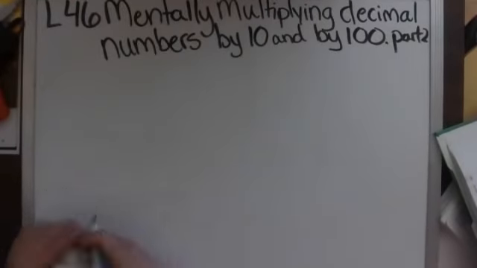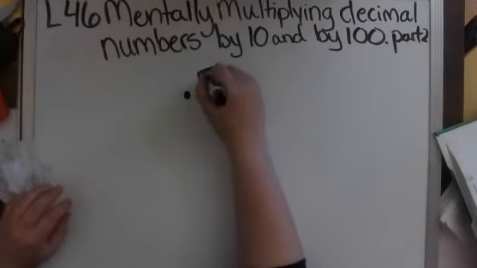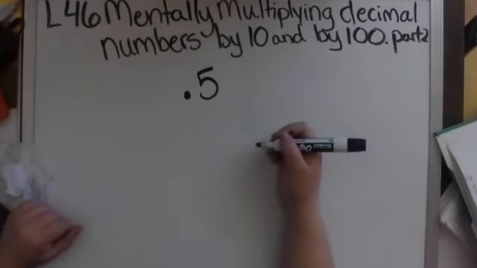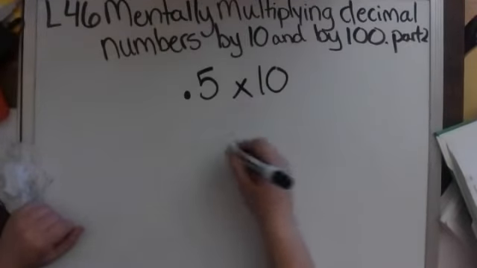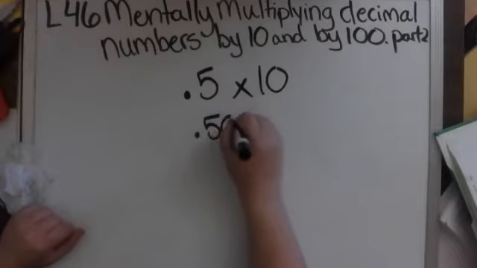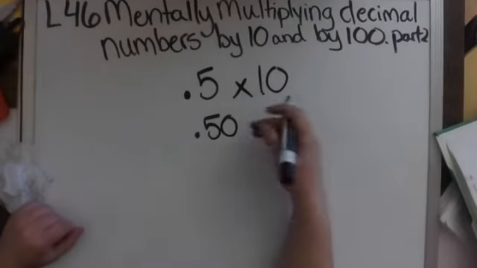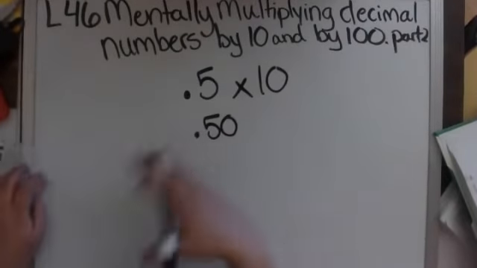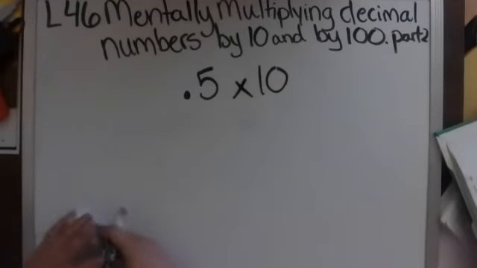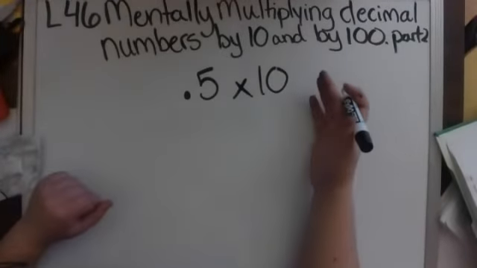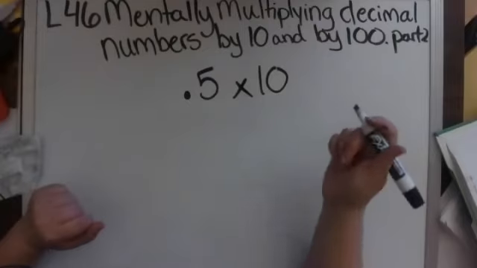So if you have a decimal number, let's say you have 5/10, and you are timesing 5/10 by 10. Well, it does not become 50 hundredths. That's making it smaller. We are going to make it bigger because we're timesing by 10. This is where the moving of the decimal comes in.